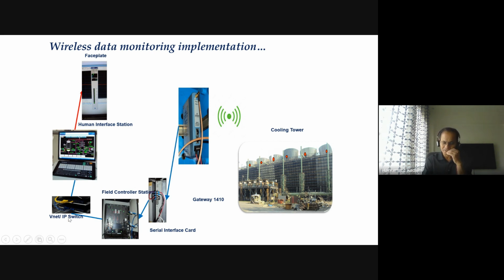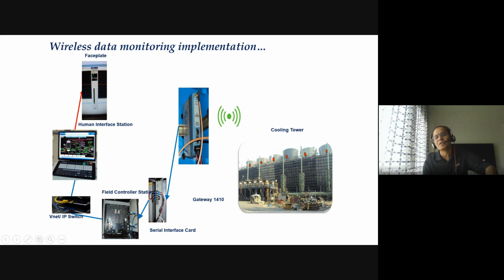As I told, this is the Yokogawa system, and in the Yokogawa DCS architecture, the control network name is VNet IP. This is a VNet IP network switch, because there are so many nodes on it. One of the nodes, this station, is connected.